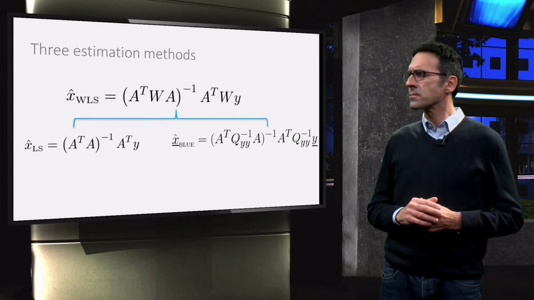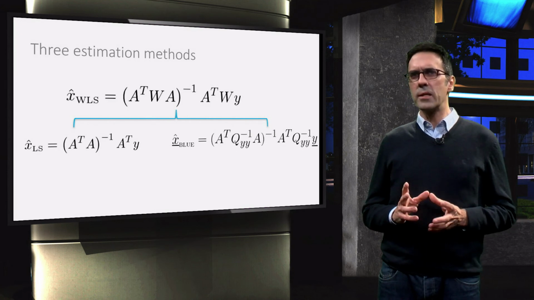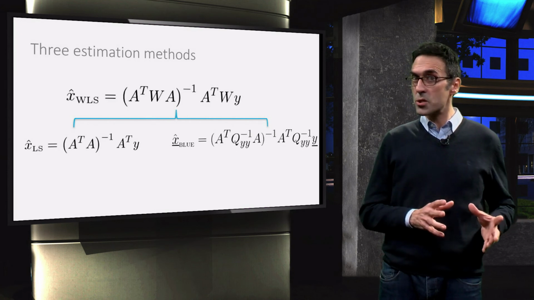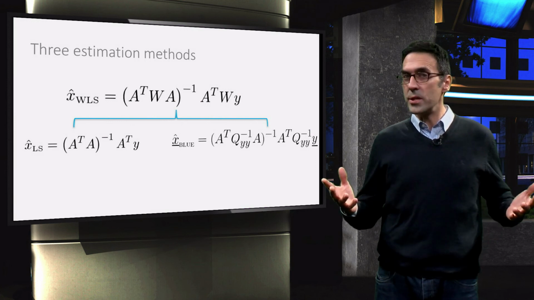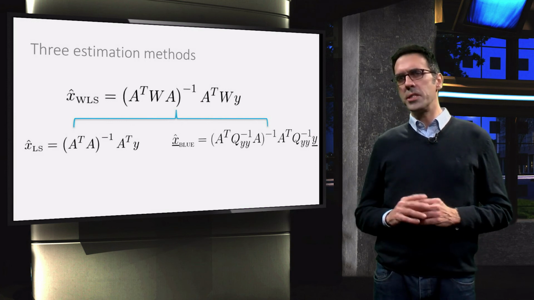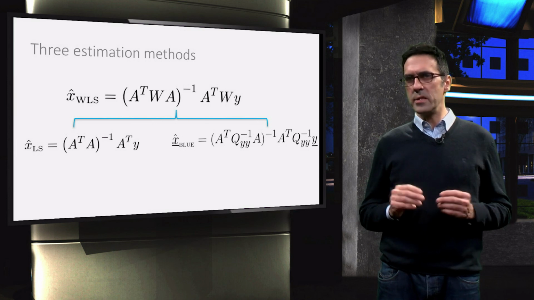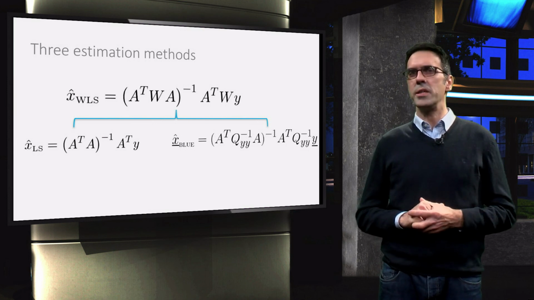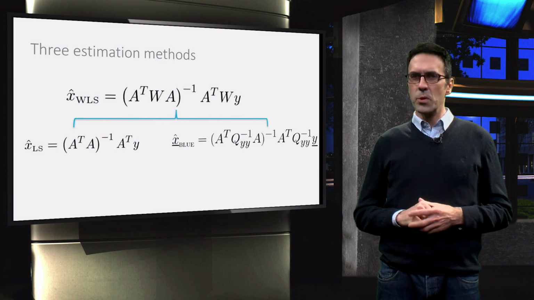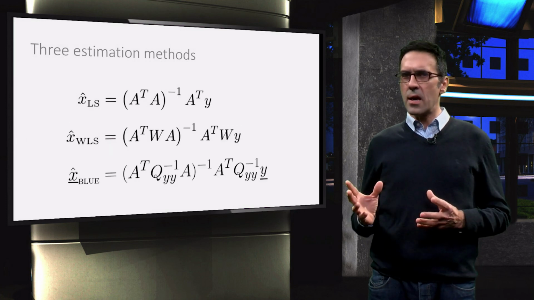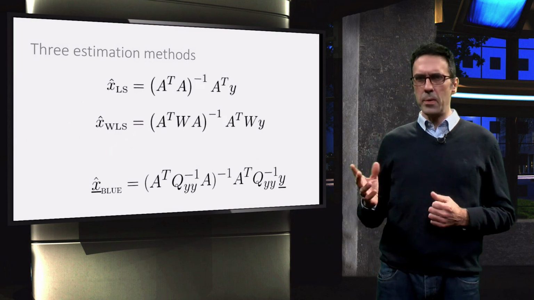Have a look. The unweighted least squares solution is the same as the weighted least squares solution, but with equal weights. And BLUE is the situation in which the weight matrix is the inverse of the covariance matrix of the observations. But we could also classify them in a deterministic class and a probabilistic class.